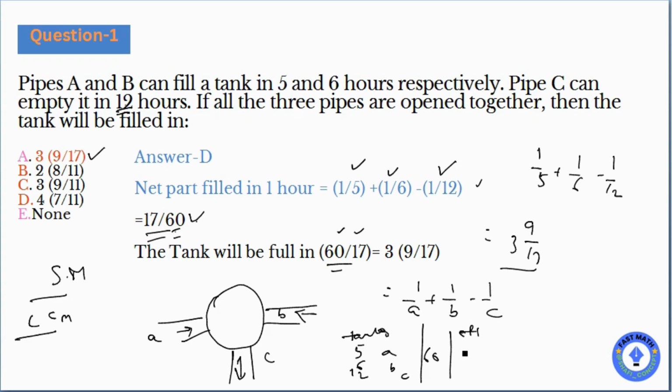A is 60/5, which is 12, B is 60/6, which is 10, and C is 60/12, which is 5. These are the efficiencies of A, B, C. Then you just have to take the total, 12 plus 10 minus 5, that is 17. The LCM 60 divided by 17 gives the answer in the shortest way.